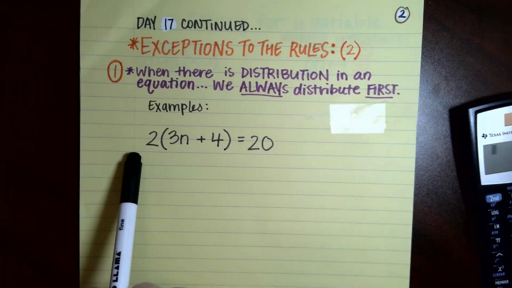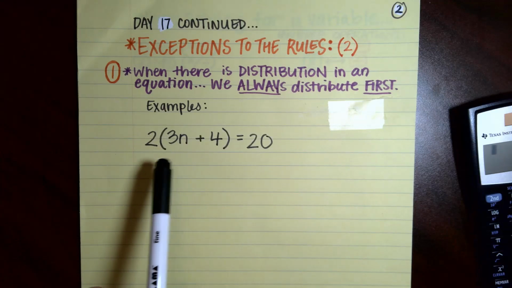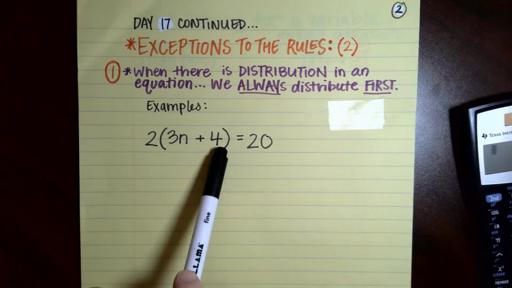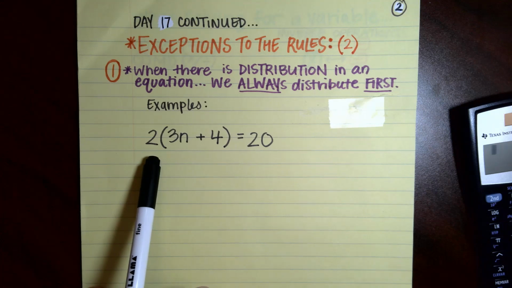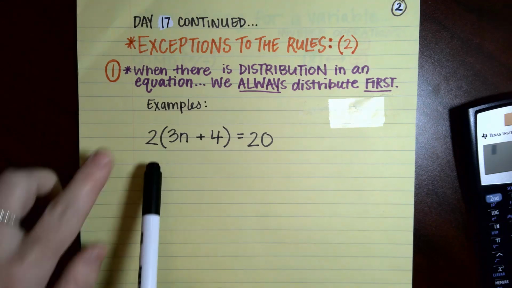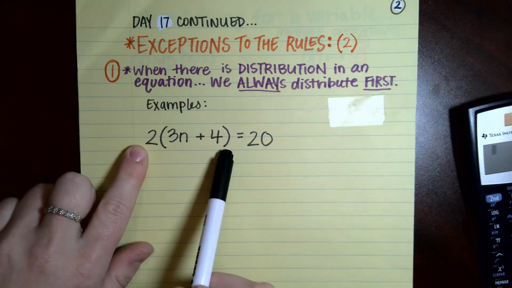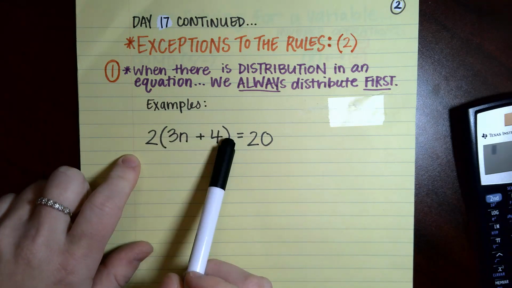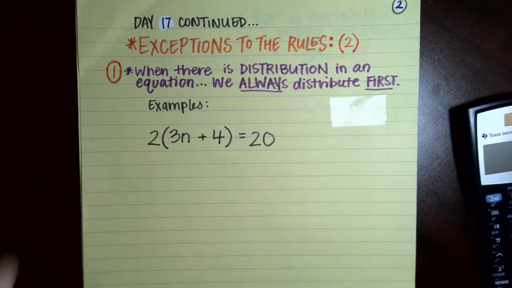So, anytime that we have an equation like this, where there's parentheses, we've got a distribution problem. We remember that when we see a number directly to the left of a set of parentheses, and we've got terms inside those parentheses, that means that we are multiplying.